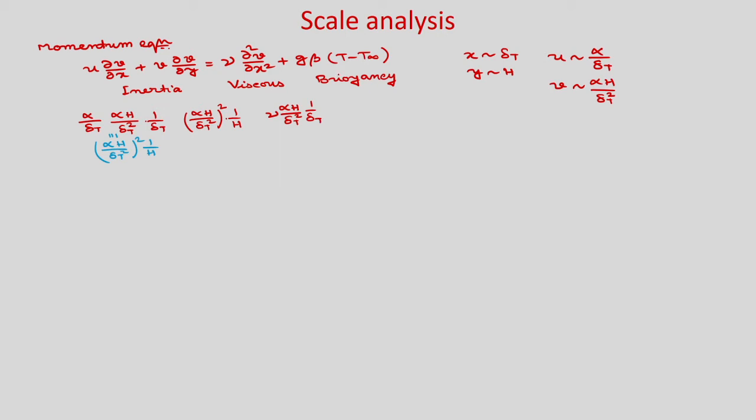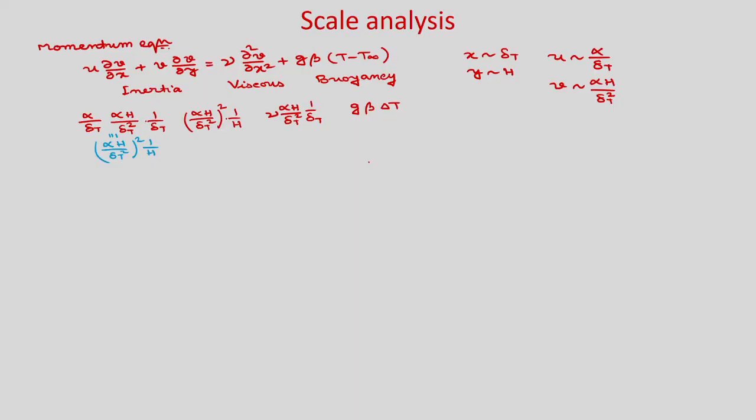And this is the buoyancy term, order of g beta delta T. So, now what we will do? We will just divide these terms by g beta delta T, so that the buoyancy term becomes 1.